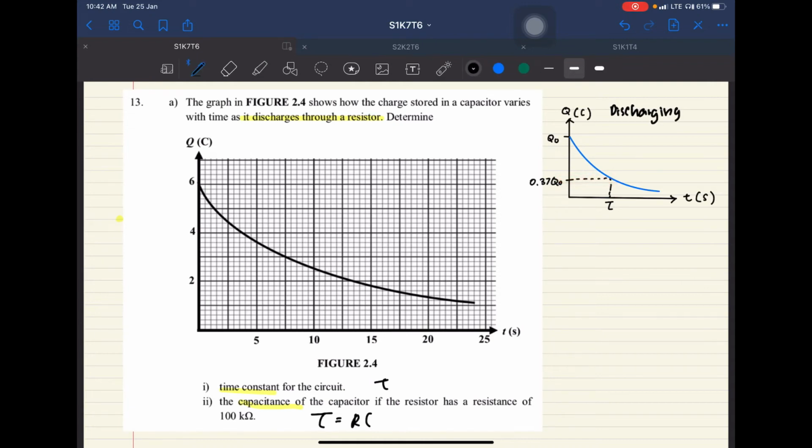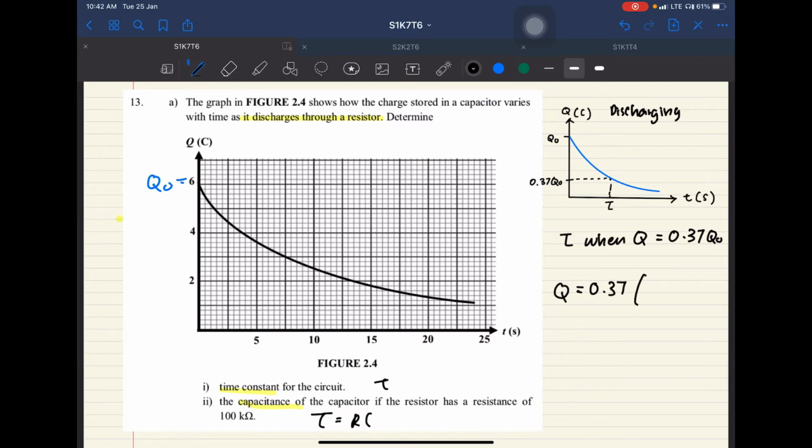So you have to find that position first. So I can write here tau when Q is equal to 0.37 Q0. This is from the definition of tau. The Q0 is over here, the maximum value, which is 6.